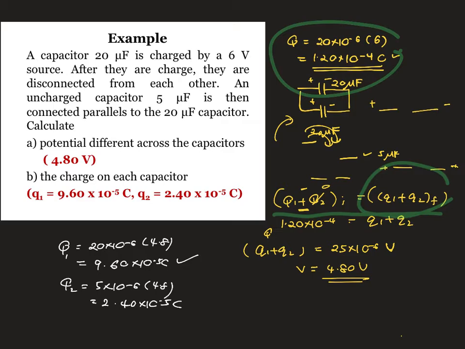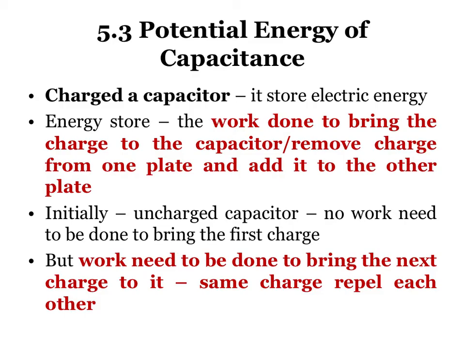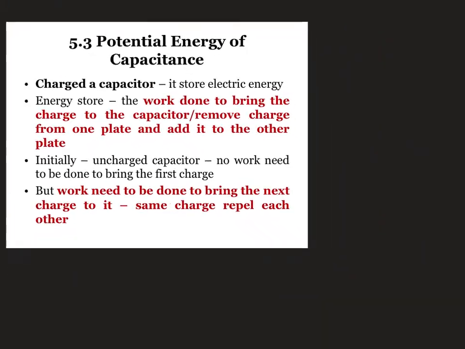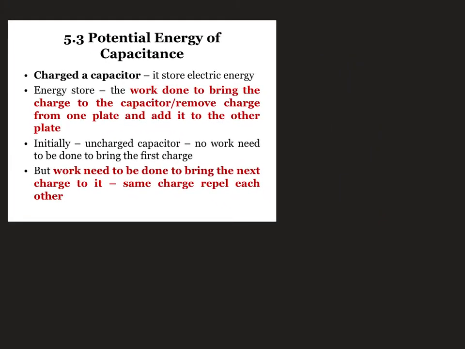Okay, let's move on to the next part. Like I mentioned before, once you connect it to the battery, the charge going to the plate has some energy to move from one plate and put it on another plate. But the thing you need to understand here is the capacitor is not going to be charged instantaneously. It's not going to be that quick. The reason is this: for example, I put negative, positive, negative, positive on the plates.